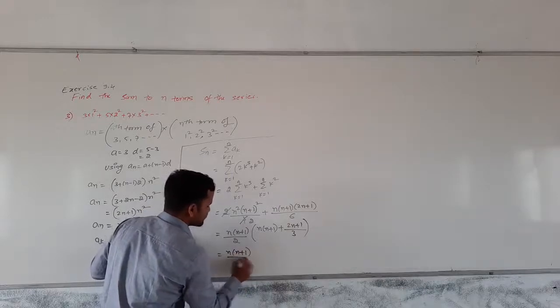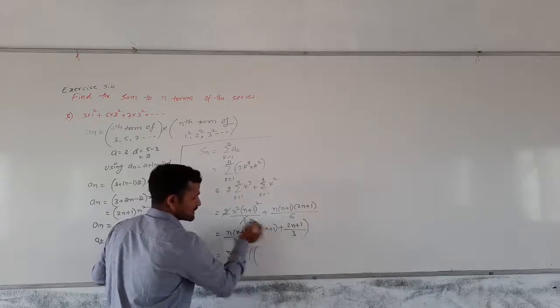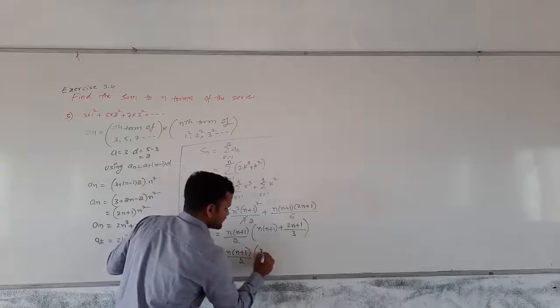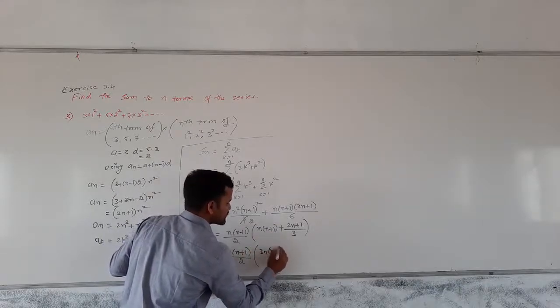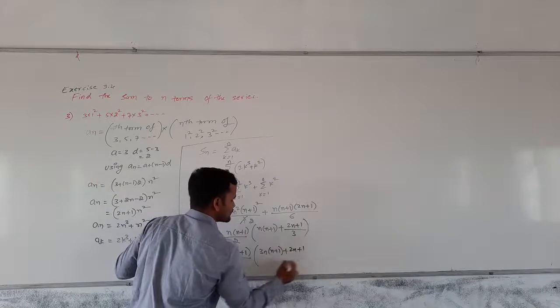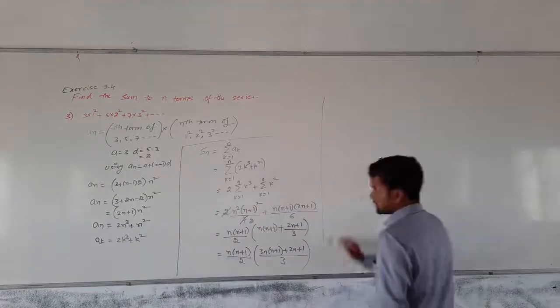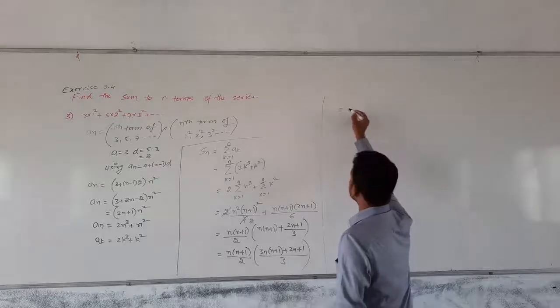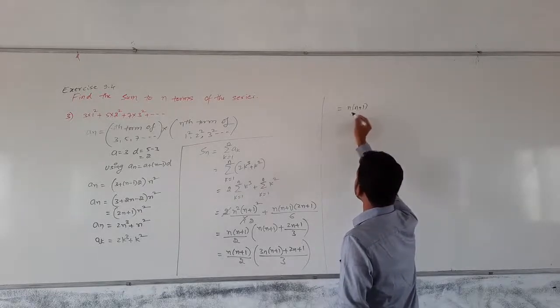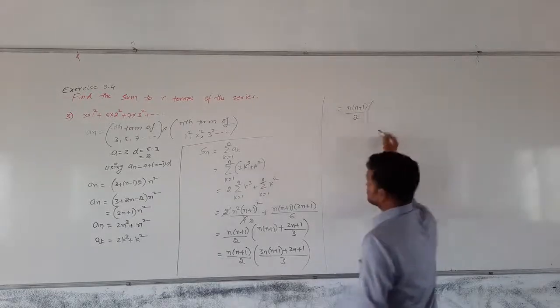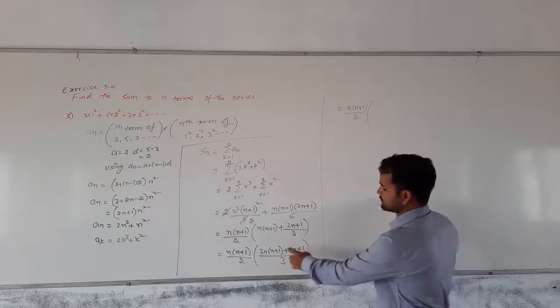Which is equal to n into n plus 1 by 2 into, I can cross multiply here, 3n into n plus 1 plus 2n plus 1 whole divided by 3. This is equal to n into n plus 1 by 2 into 3n, we can multiply with n plus 1.